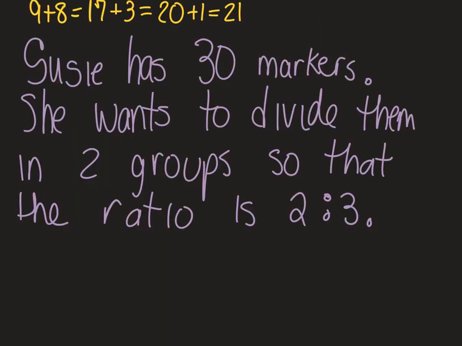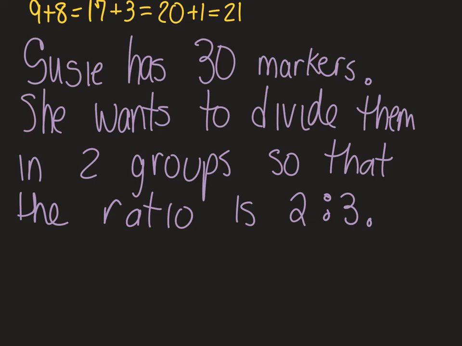All right, here's a word problem. Susie, oh, don't we love Susie? Susie's wonderful. She has 30 markers, and she wants to divide them into 2 groups, but not 15-15. No, she wants to divide them into 2 groups so that the ratio is 2 to 3. Maybe this is blue day and yellow day at school, and this class doesn't have as many students as this class.